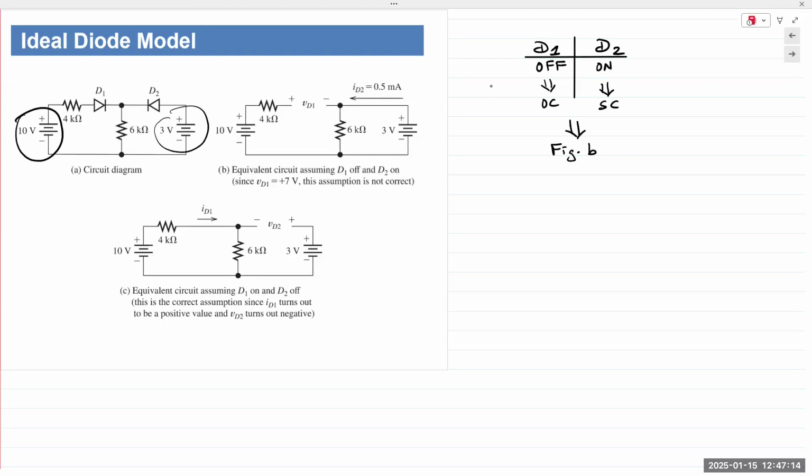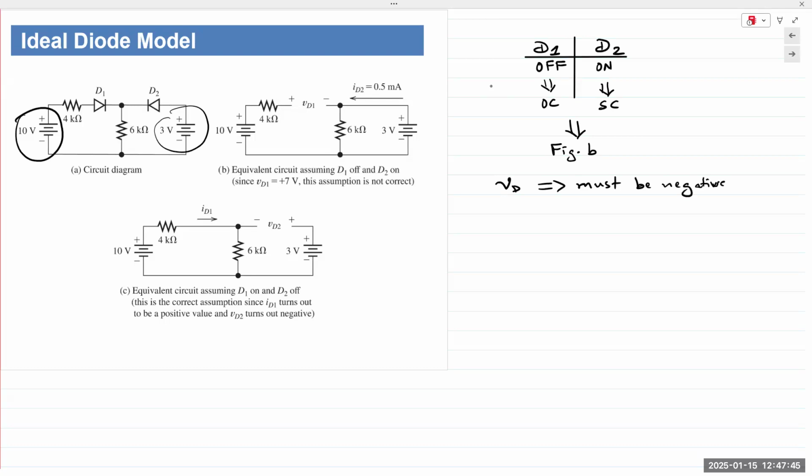Off means the cathode of the diode D1 must have a higher voltage than the anode. So that means the diode voltage VD is always taken with a positive reference at the anode and negative at the cathode. That means VD must be negative. Right? Cathode is higher than the anode.